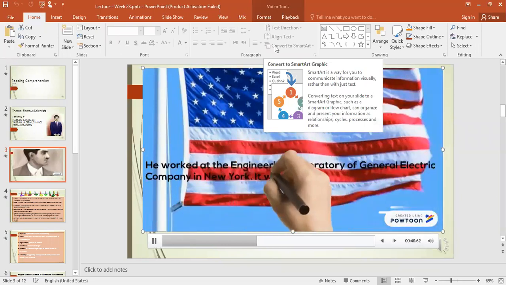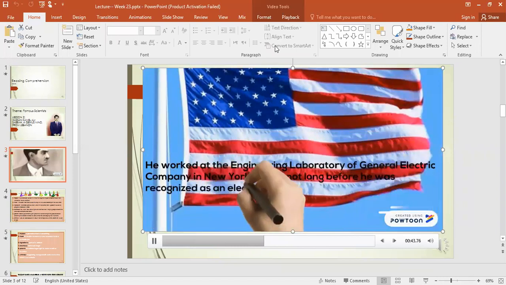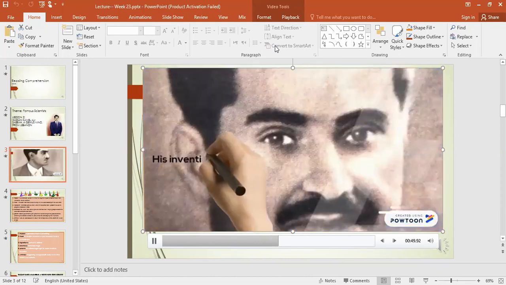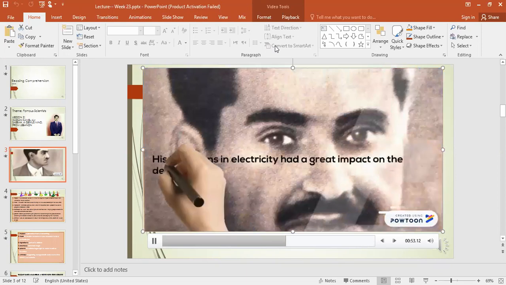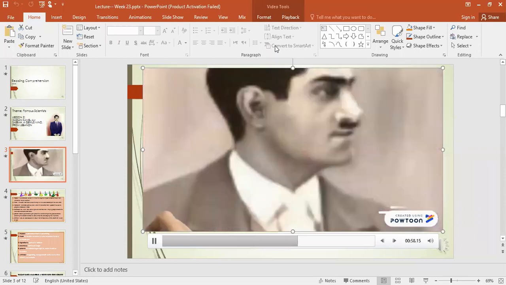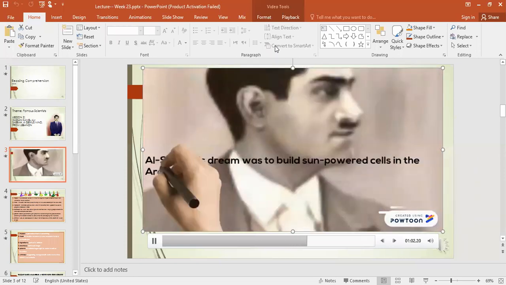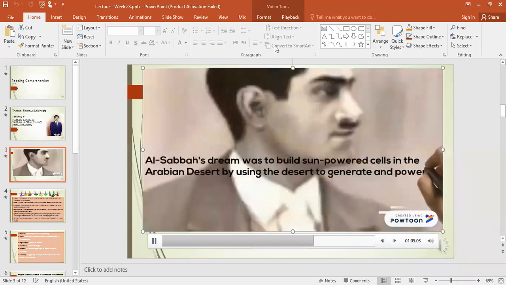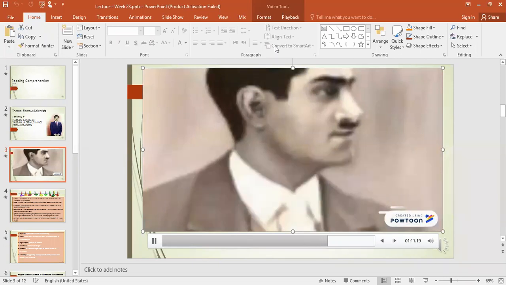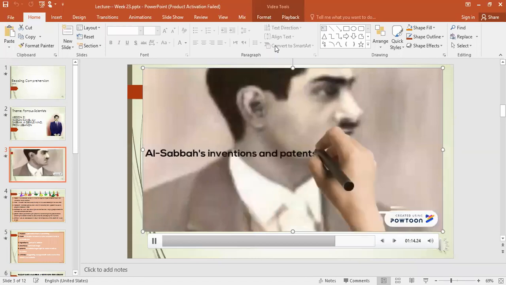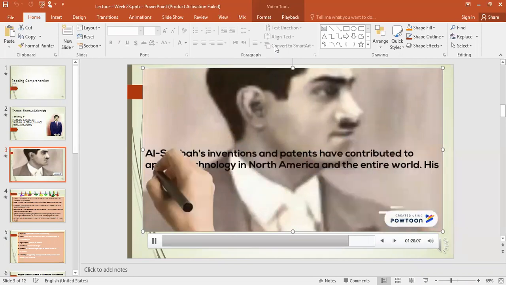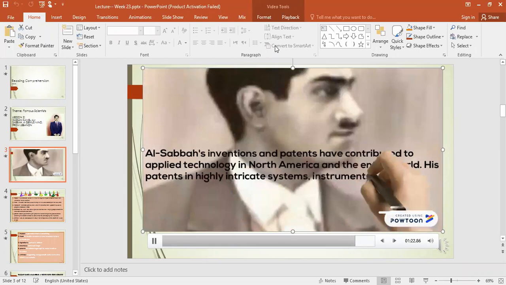It was not long before he was recognized as an electronic research engineer, mathematician, and inventor. His inventions in electricity had a great impact on the development of 20th century technology. Al-Sabbah's dream was to build sun-powered cells in the Arabian desert by using the desert to generate and power the solar cells, thus producing enormous amounts of energy. Al-Sabbah's inventions and patents have contributed to applied technology in North America and the entire world. His patents in highly intricate systems, instruments, and equipment are classified over 6 main categories.